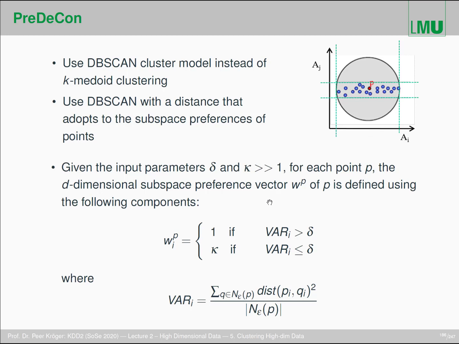Yeah. So this is basically the idea, and you do that for each point. So each point gets its individual preference vector, which indicates the subspace preference of this point. Yeah. And this is computed by analyzing the feature-wise variance of the epsilon neighborhood of P.